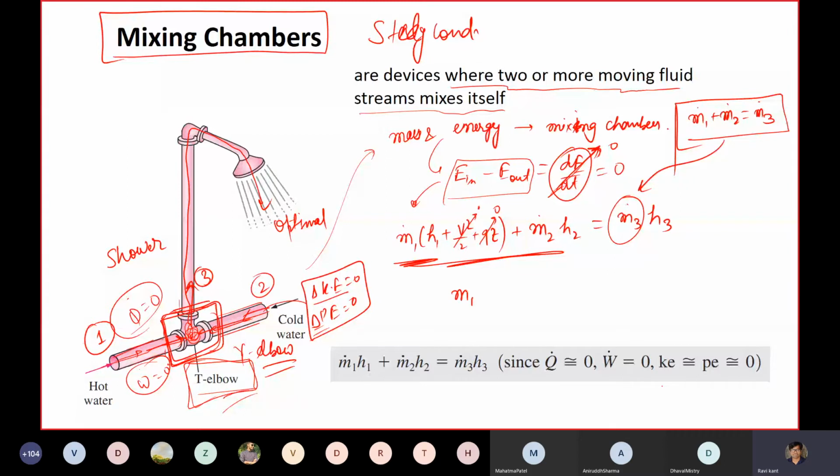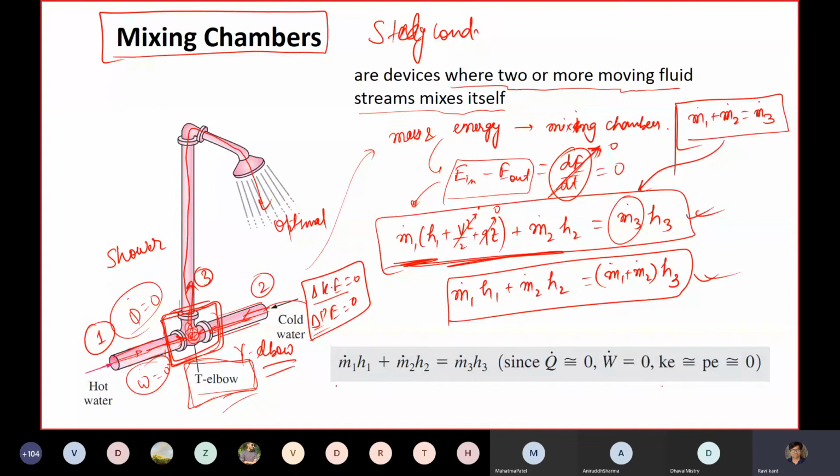So you can write m1 h1 plus m2 h2 is equal to m1 plus m2 times h3. Or also you can use this one. Anything is up to your comfort. So this is your mixing chamber. Energy analysis you can do very easily.